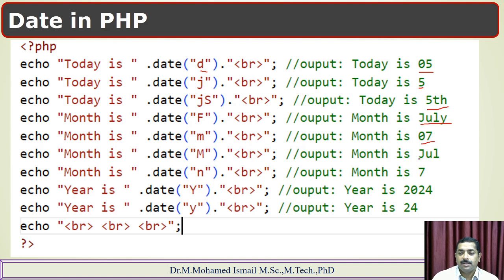Capital M, 3 letters, that is Jul. Small n, the month is 7, the 7th month in a single digit. Y is the full year, it is printing. Small y, the last 2 digits, 24, it is printing.